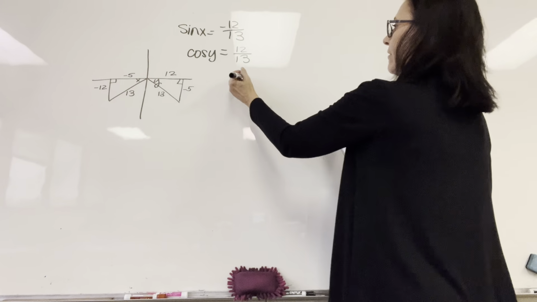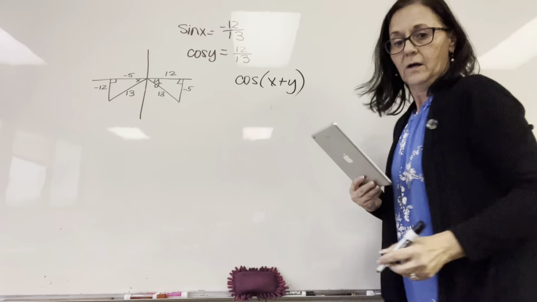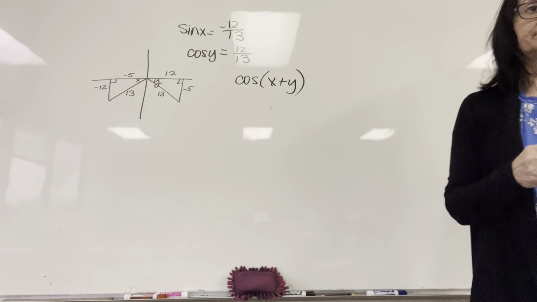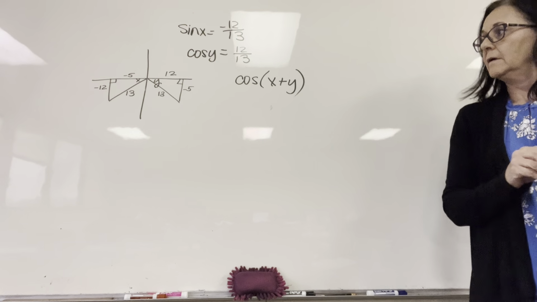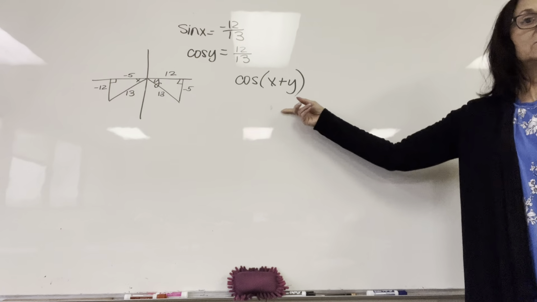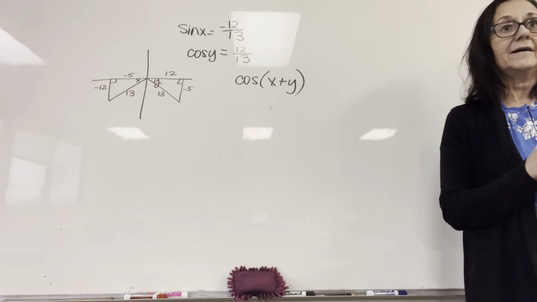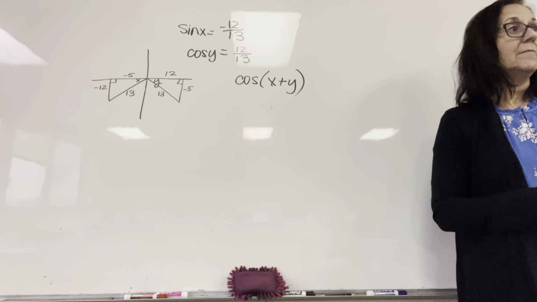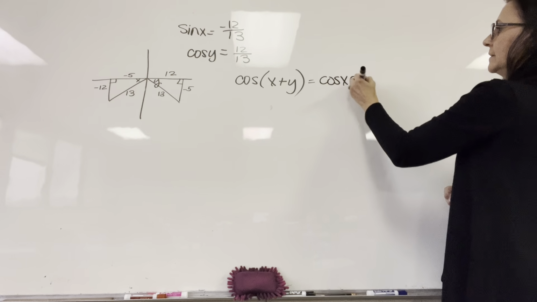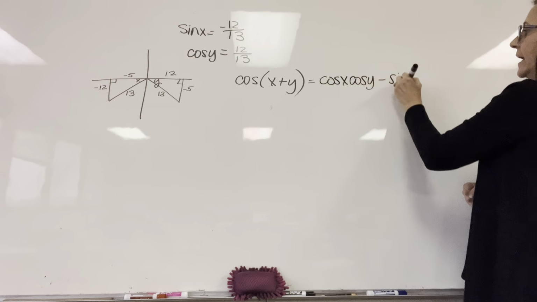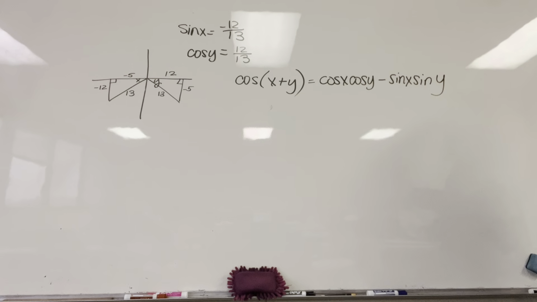All right, so now we want the cosine of x plus y. What am I using? What am I using for my trig identities? Sum. Cosine's the boss. Plus is minus. That's the cosine x, cosine y, minus sine x, sine y. See, y'all have that memorized.